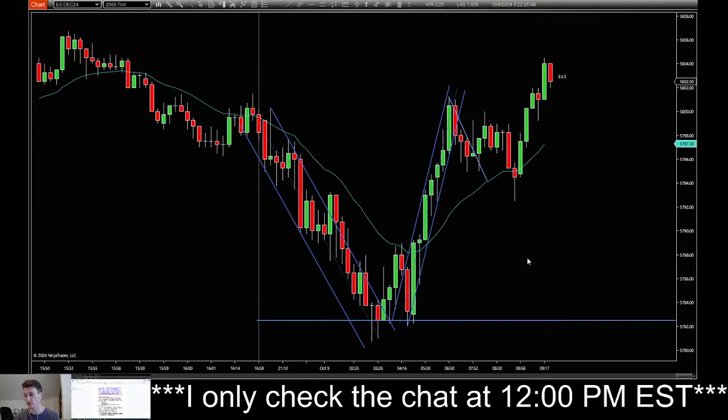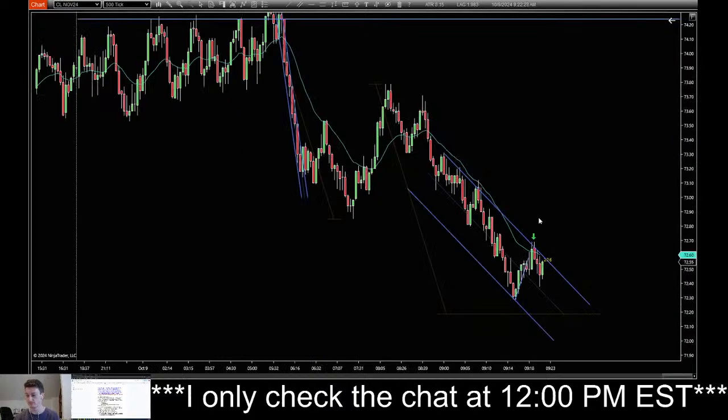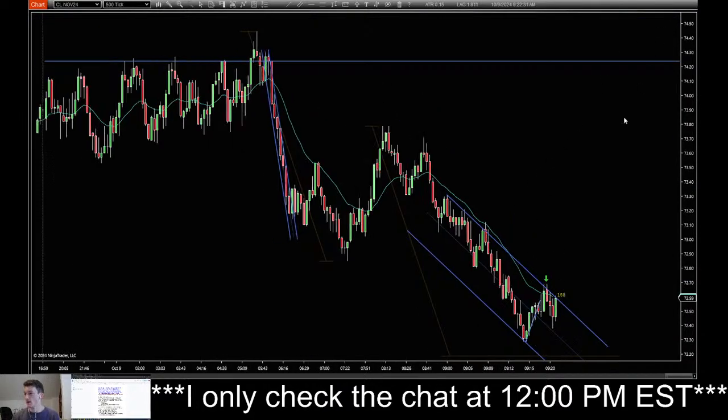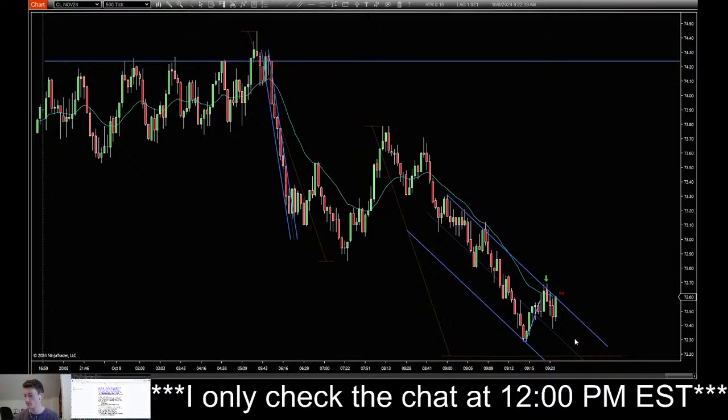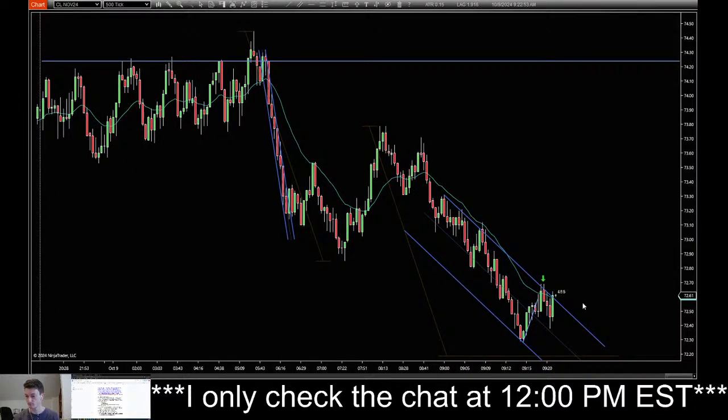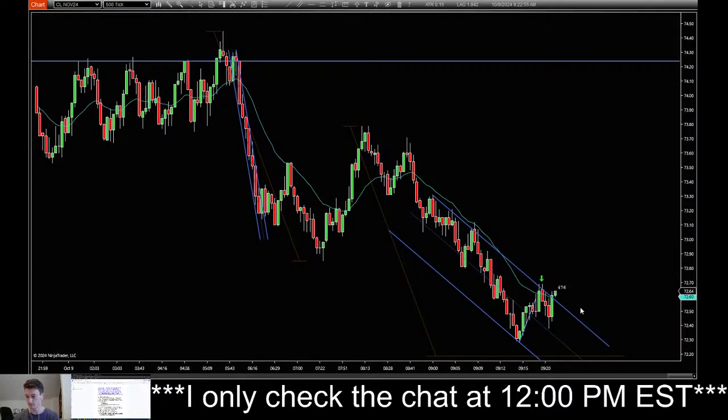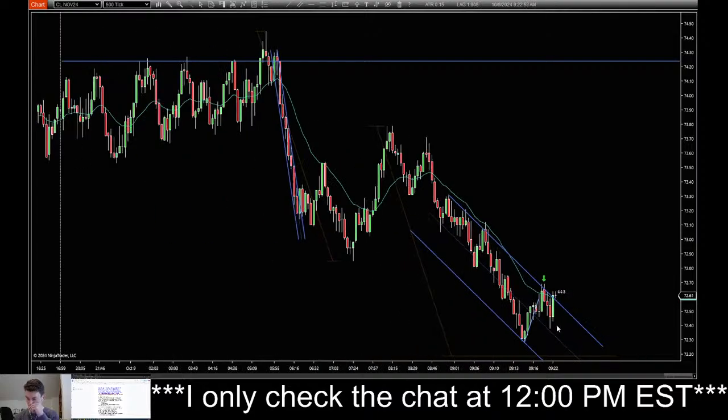And this is just looking range-like on the ES. It's a possible lower high, but that's a pretty strong little bullish push right there.